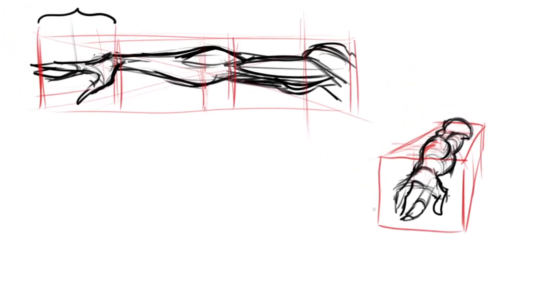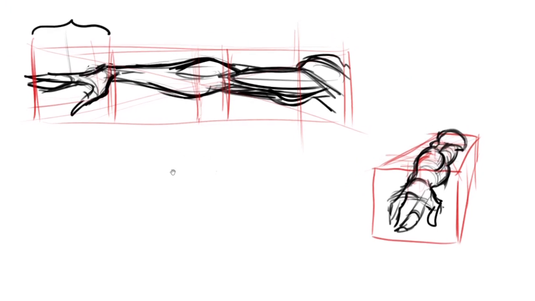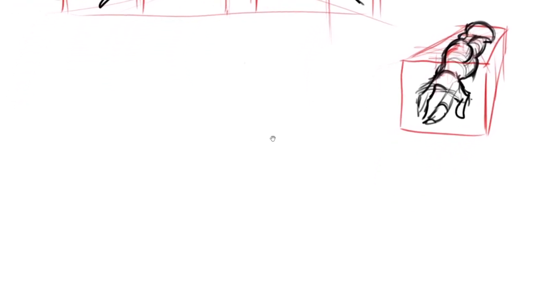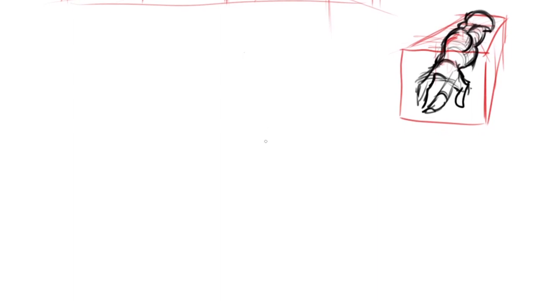So let's see. How much more of this do I want to do? I think maybe, yeah, I'll do one more. I'll do the leg this time. So here, let's see, I'll put the hip, knee. All right.